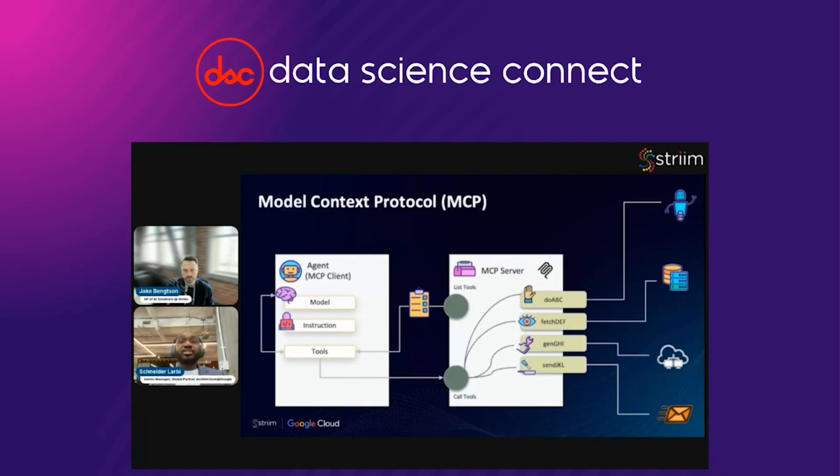So when the agent is asked a question that has information stored in that external system, based on the instructions the agent has, it would now use that client to initiate a handshake or a conversation with the MCP server. And then the model knows which tools to use and where to go and fetch that data and bring that data back to the agent.